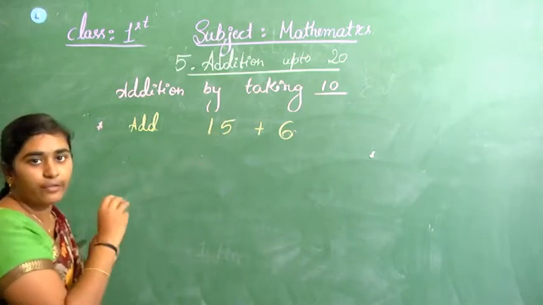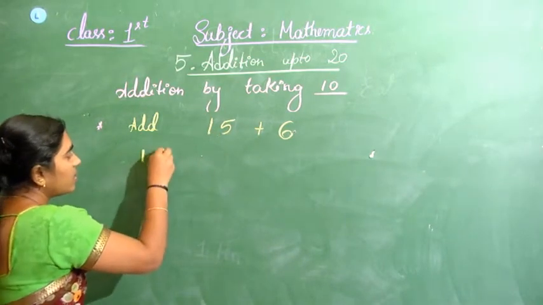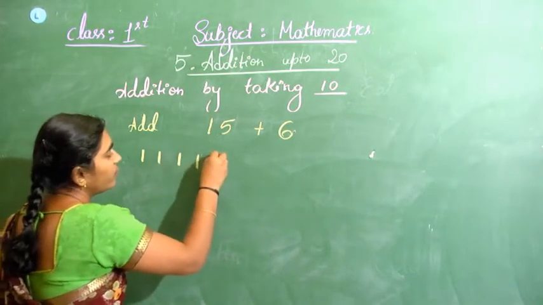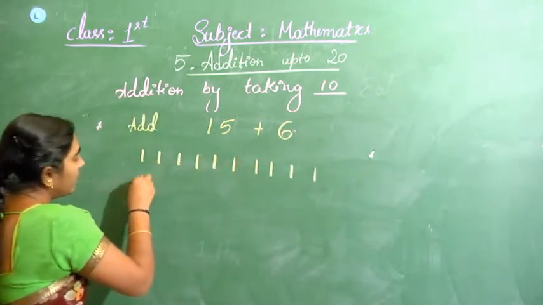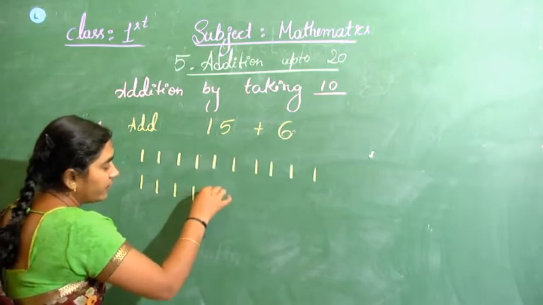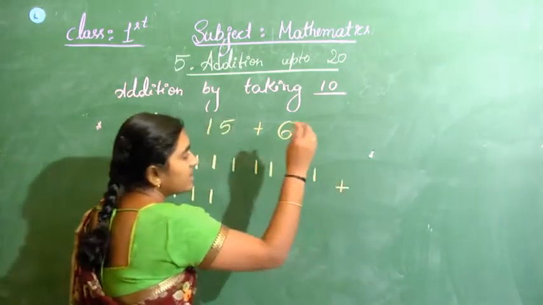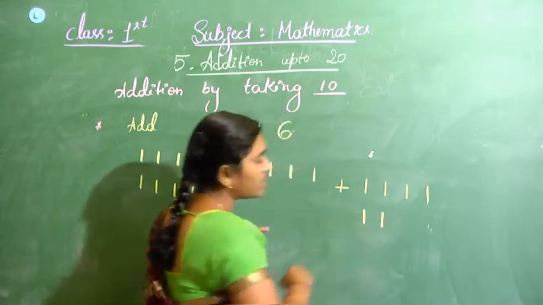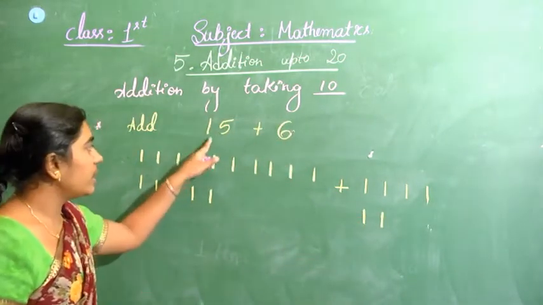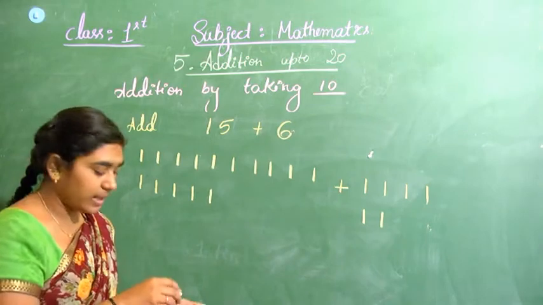Here first we have 15 lines. So let's draw 15: 4, 5, 6, 7, 8, 9, 10, 11, 12, 13, 14, 15. Plus 6 is there: 1, 2, 3, 4, 5, 6. What will I do here with 15 plus 6?